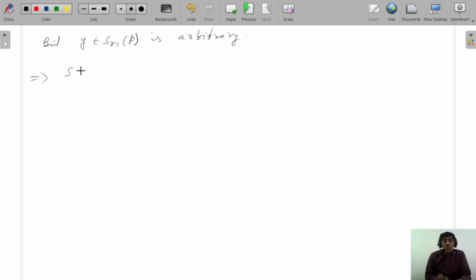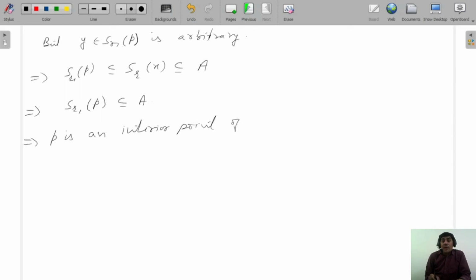This implies the sphere centered at p with radius r1 is contained in S_r(x), and S_r(x) is contained in A. This implies the sphere centered at p with radius r1 is contained in A. This implies p is an interior point of capital A. So capital A is the neighborhood of the point small p.